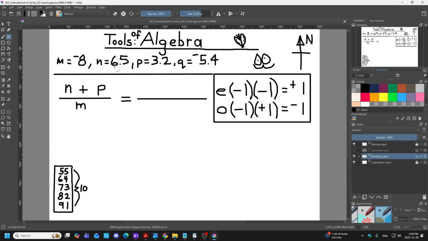We have N, which is 6.5, plus P, which is also a positive 3.2. Okay, and that's all being divided by M, which is a negative. Okay, guys and gals, you can quickly figure out what your sign is going to be easily.